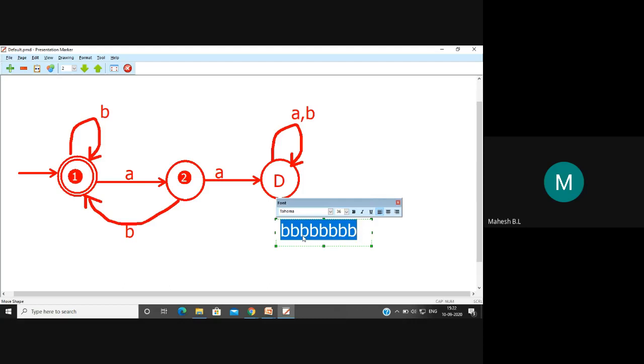Now let me consider another example: B, A, B, A, B, B, B, A, B. This belongs to the language because there are two A's and both A's are immediately followed by a B. Now let's trace this on this DFSM.